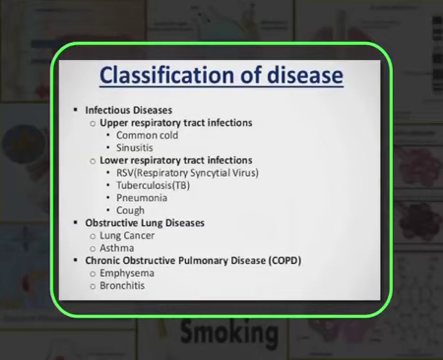Second is obstructive lung diseases like lung cancer and asthma, and the third are chronic obstructive pulmonary diseases, usually called COPD, which includes emphysema and bronchitis.